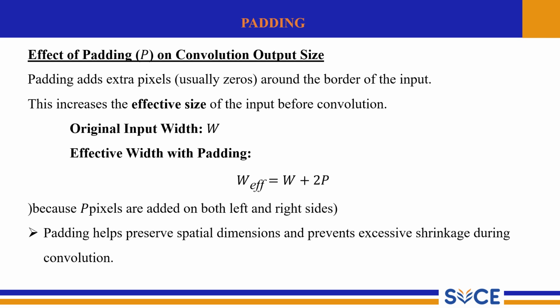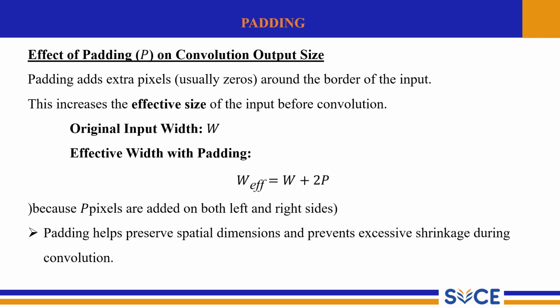Let the original width of the input image be W. When padding of P pixels is added to both the left and right sides, the effective width becomes W effective equals W plus 2P. This happens because padding is applied symmetrically on both sides of the image.